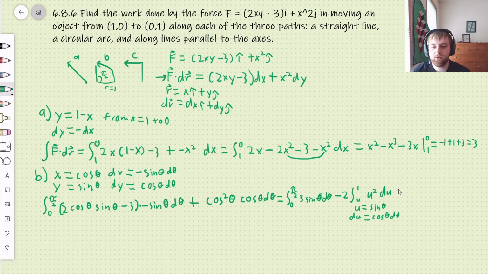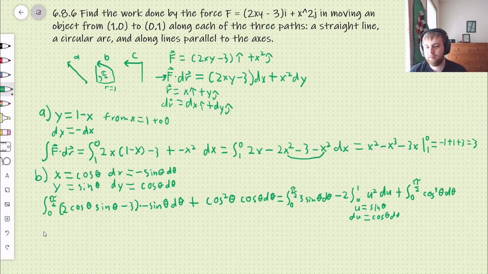And then there is the cosine cubed theta portion.